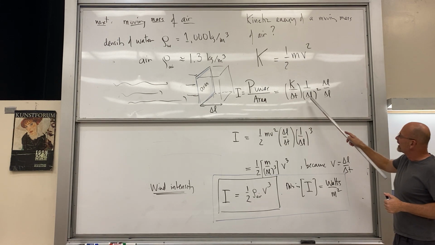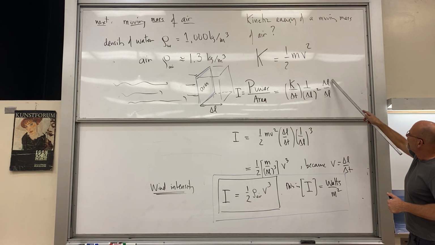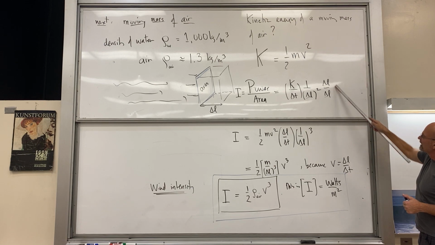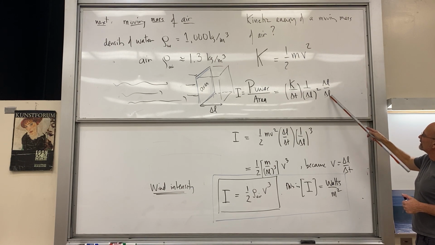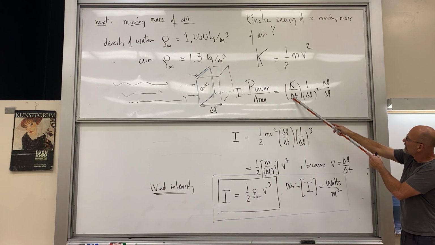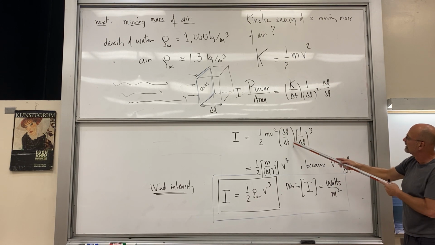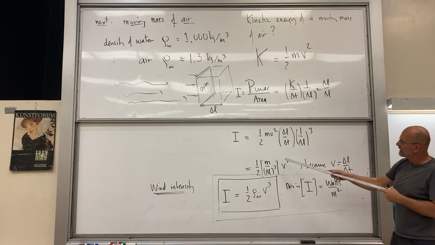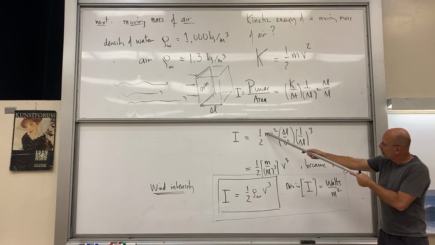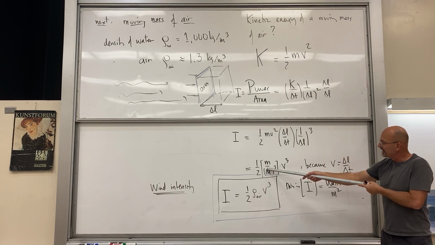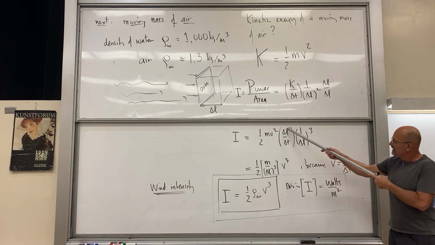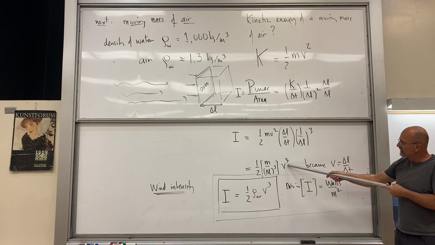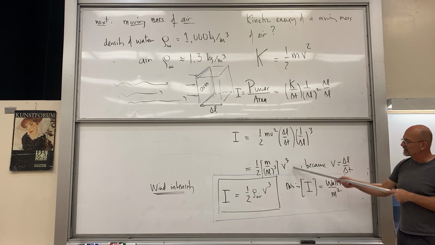The per area is the delta L squared. This was a little trick, you could say. Delta L over delta L. So I took this delta L over this delta T right there, 1 over L cubed, and then I took the 1 over L, that m over L cubed was my density in the square bracket. Delta L over delta T was a v, so I went from v squared to v cubed.